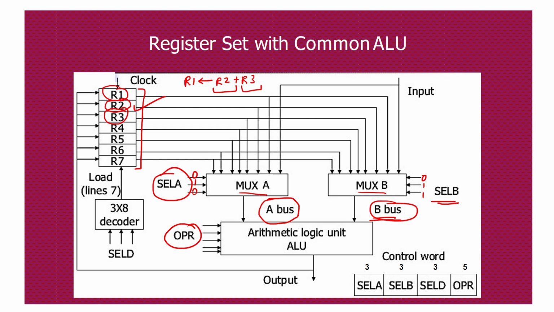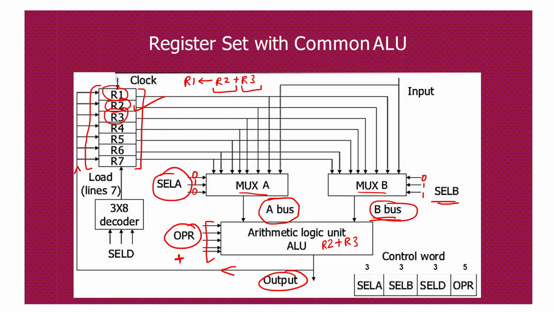Now this OPR means these 5 bits are being used to decide which operation needs to be done. We want to use the plus operation, so the ALU will do the summation of R2 and R3. This will pass the output to this line, and this line will be available to all the registers.